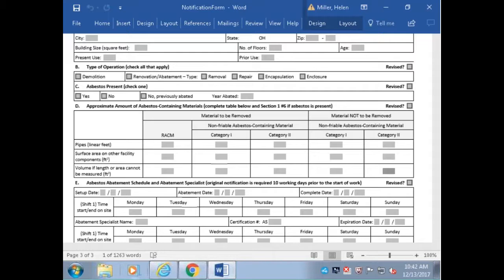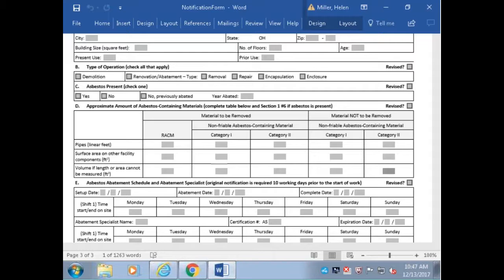So any current notifications that you have in already that you're making revisions to, you can still continue to send them to the Ohio Department of Health and the EPA up through January 2nd. Then after that, you'll want to start using that EPA.ohio.gov address to forward any future revisions to. And then, of course, like we mentioned earlier, come December 21st, any new notifications, you want to go ahead and start using the new form and sending them down to the central office instead of the district offices in ODH.